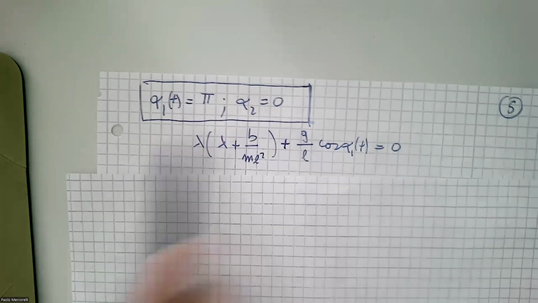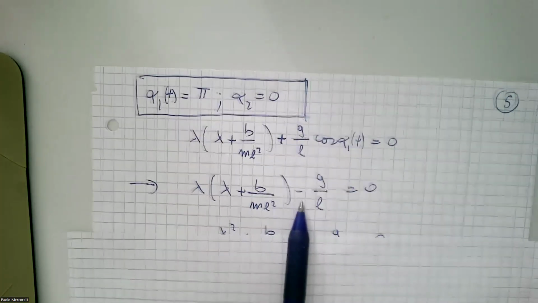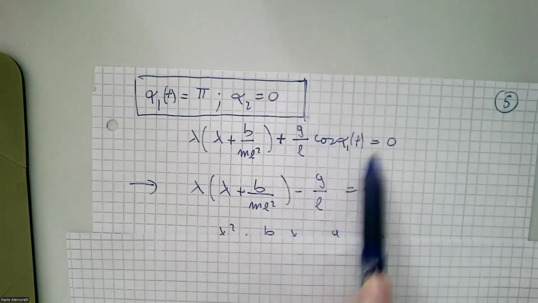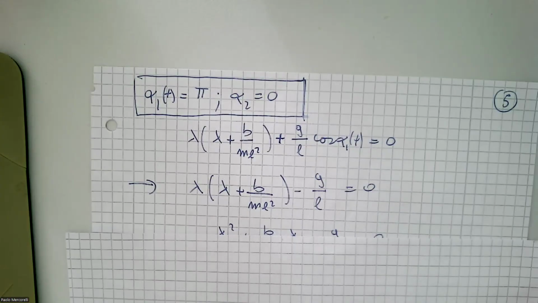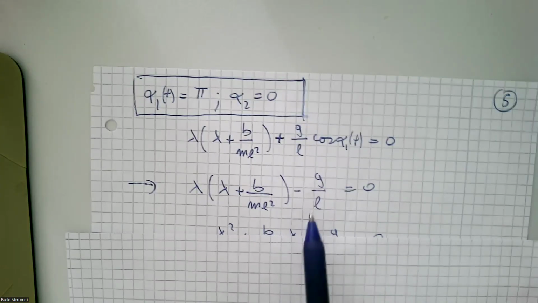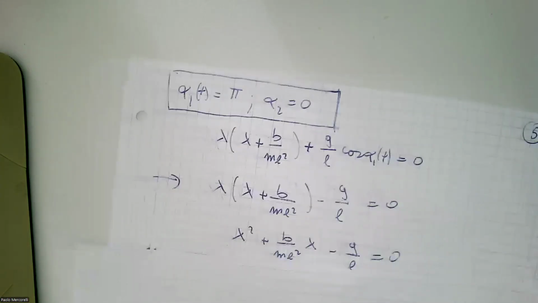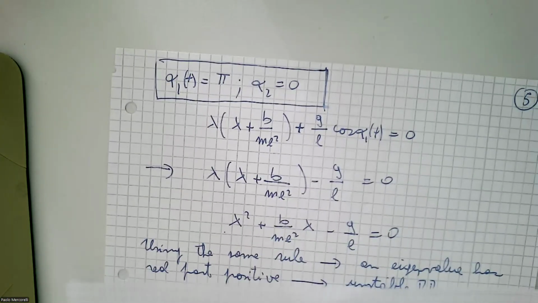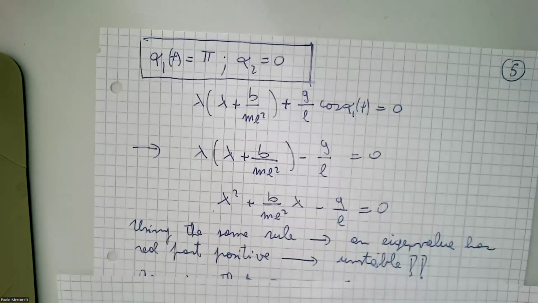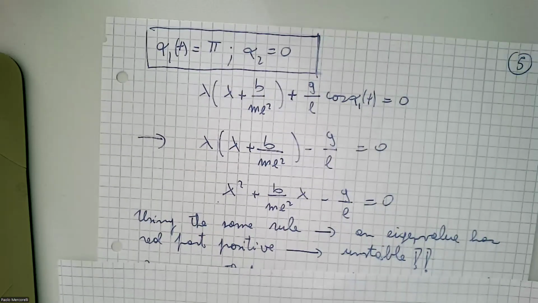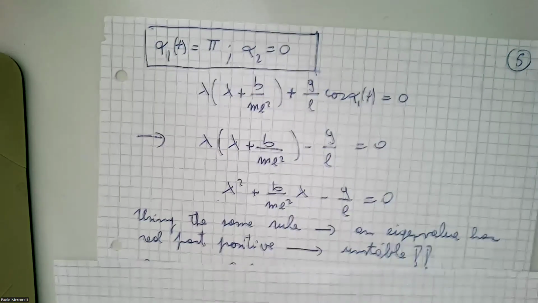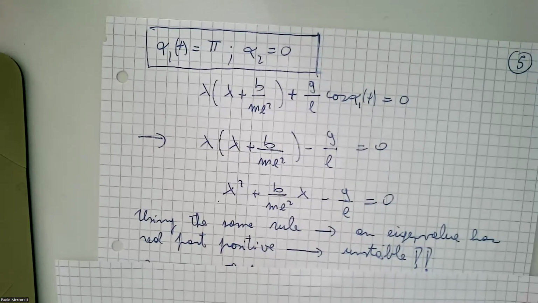This was the determinant, which, if calculated at pi and 0, we have, instead of plus J divided by L, at pi we have minus J divided by L. This means one eigenvalue with real part positive. If you remember Cartesio rule, but if you don't remember, you can calculate.